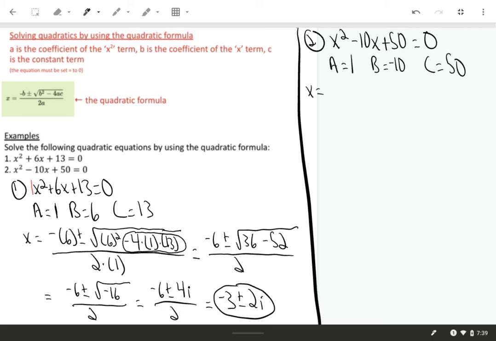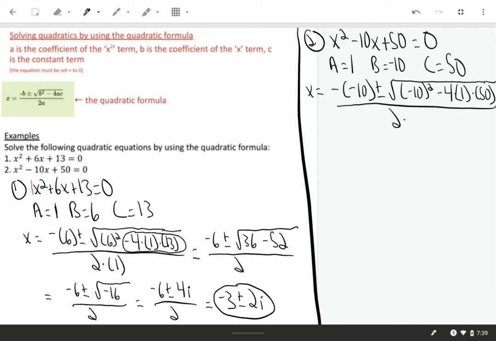So x equals -b plus and minus square root of b squared minus 4 times a times c, divided by 2 times a.